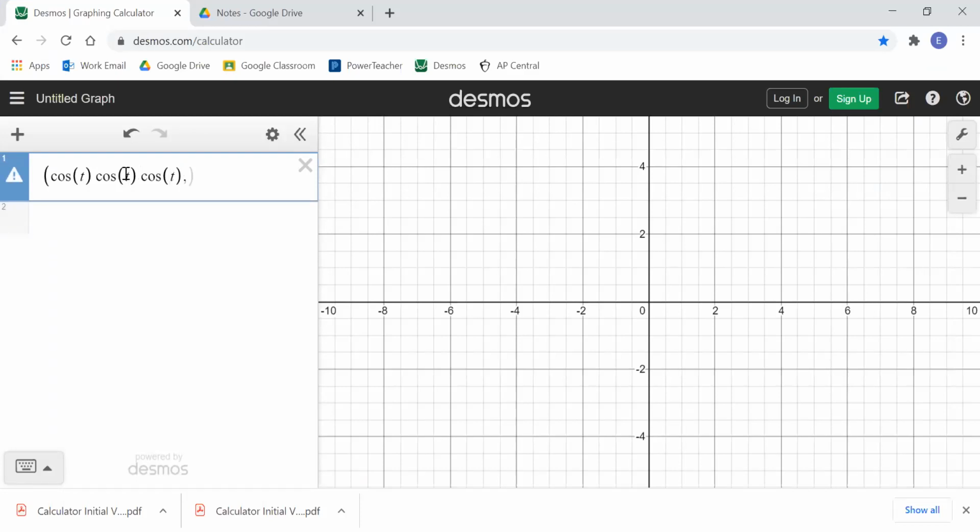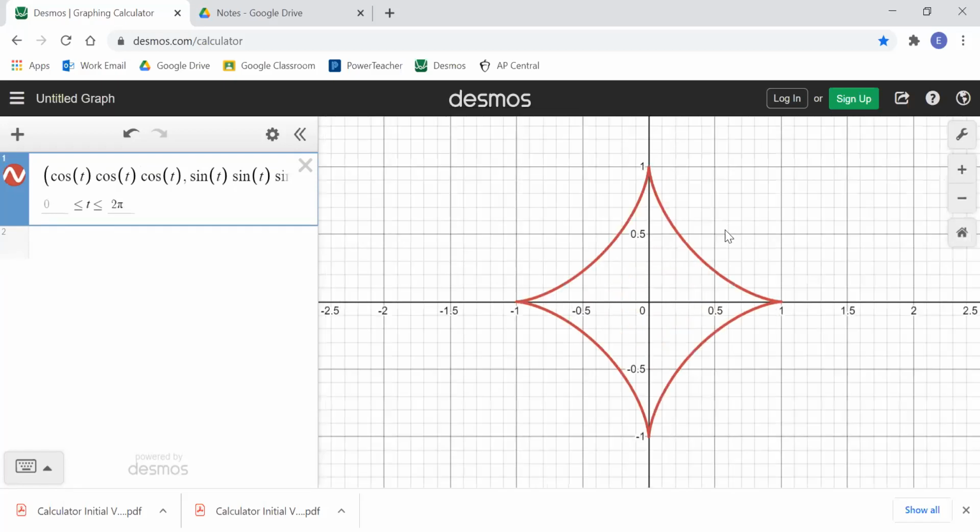Our x component is cosine cubed t, and our y component is sine cubed t. And we're going to do this from 0 to 2 pi. Let me zoom this in a little bit. We'll note that we've got cusps coming on at each of these different places.